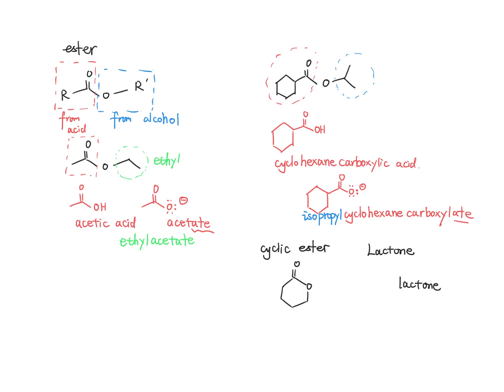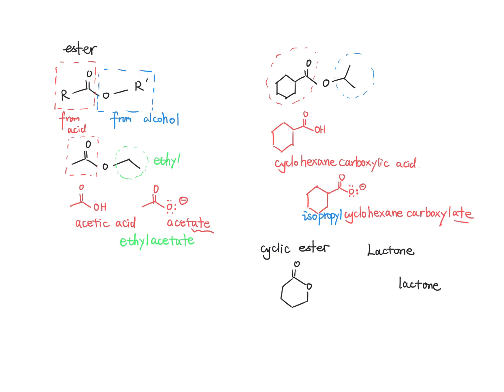Then what we are going to do is tell the audience where that oxygen connects to. The oxygen from the alcohol, this oxygen right here, connects to this carbon. We are going to show what this carbon's position is. As you recall, when we name a carboxylic acid, the carbonyl group carbon gets the first position.